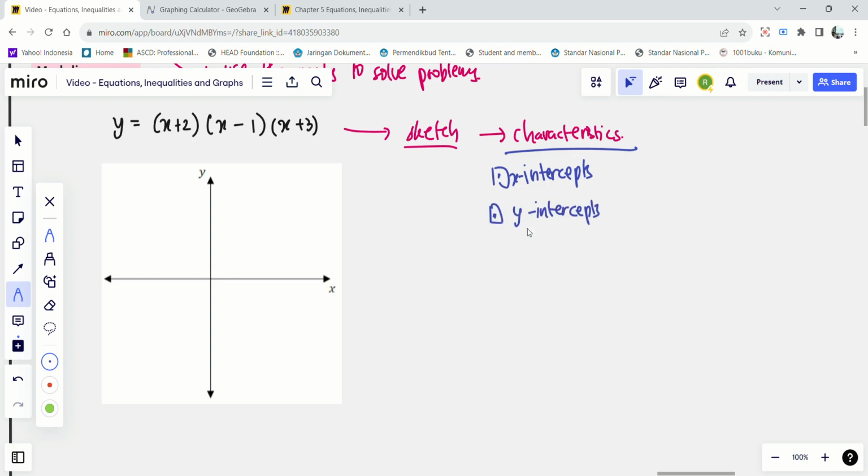And then typical features. It depends on what the features are. If it's a straight line, there is no need. If it's a quadratic, the vertex, then probably other stuff like asymptotes, if it's a logarithm or exponential and other stuff. Okay, but these two are the really important ones. You can add on the next one, asymptote, vertices, or else. But these two are very important.